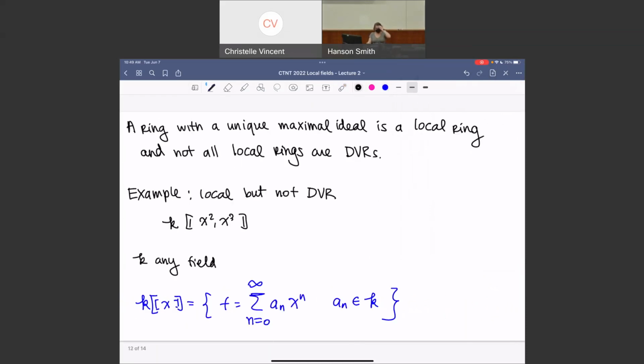Sorry. So I started with the field and got a DVR out of it, and we could do it the other way. We could start with a DVR, a ring A, its PID has a unique prime ideal, and then I could take K, its field of fractions, and that would be a valued field with a discrete valuation.